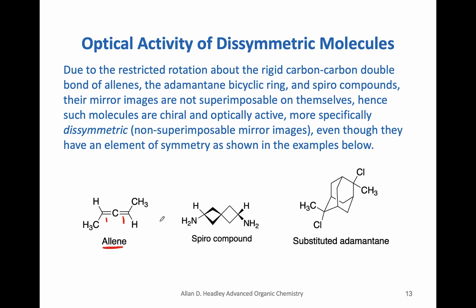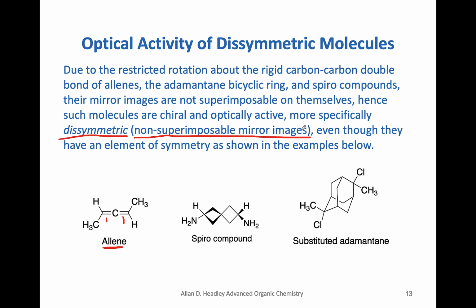So this is an optically active molecule. The term that we use here is disymmetric. The key here is that you can find an element of symmetry in these molecules, but the bottom line is they are non-superimposable mirror images.